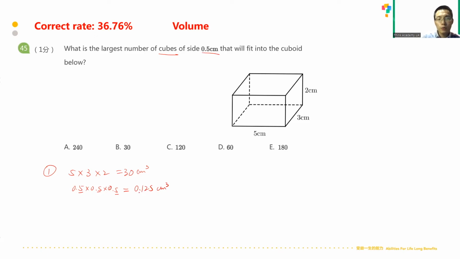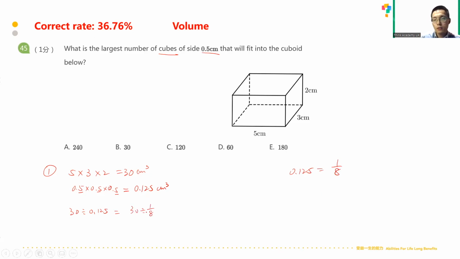And then we want to find out how many cubes we can fit into it. So we have 30 divided by 0.125. If you remember your decimal and fraction conversion, 0.125 is 1 over 8. So it's 30 divided by 1 over 8.